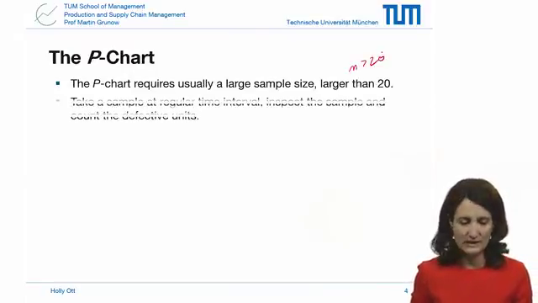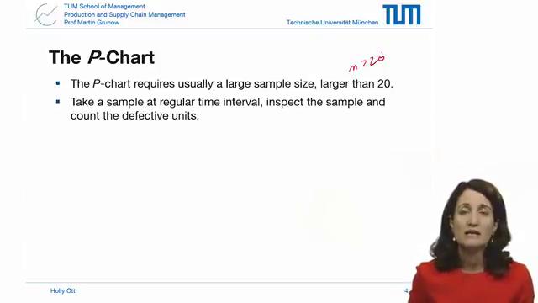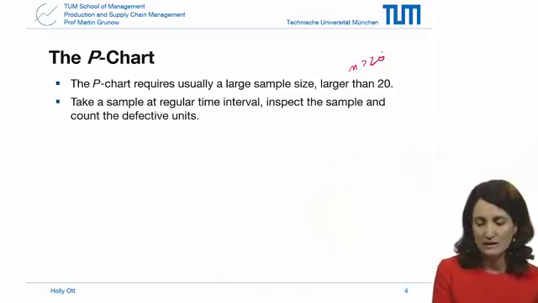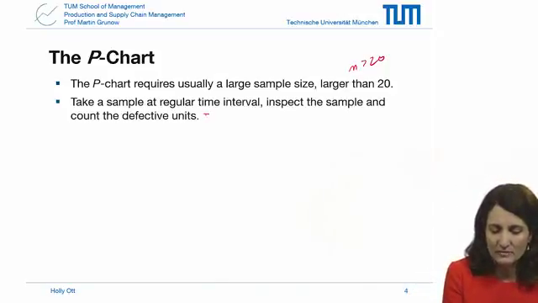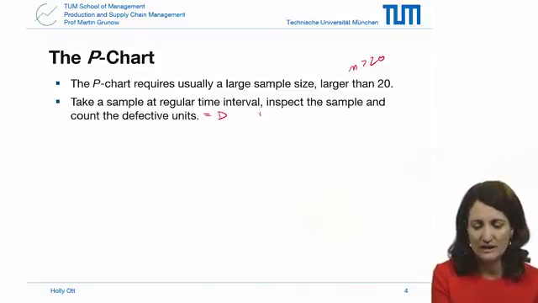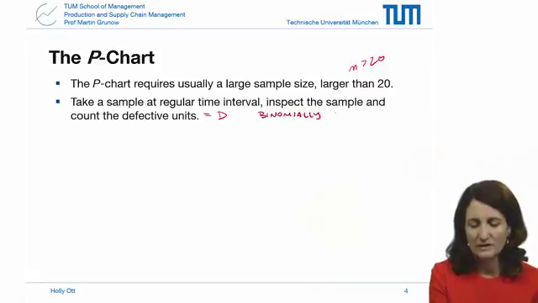The method consists of taking a sample of size n at a regular time interval. You inspect the sample and count the number of defective units in the sample. This number of defective units is equal to a random variable D, which is binomially distributed.